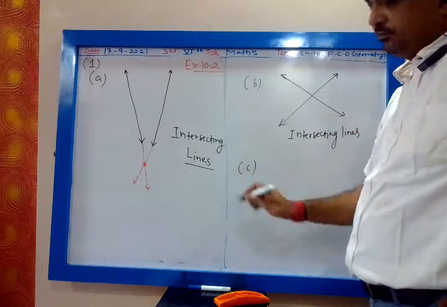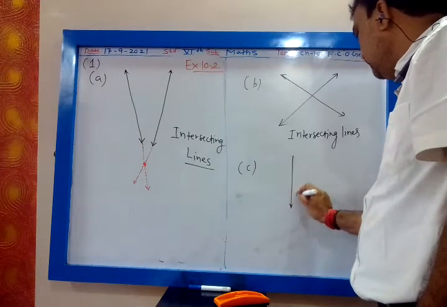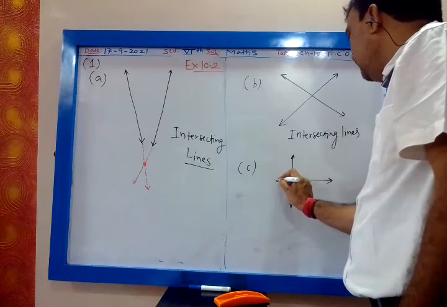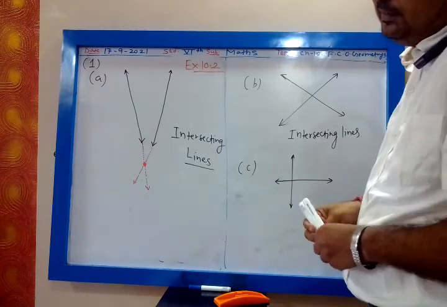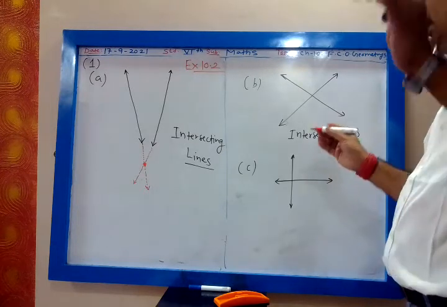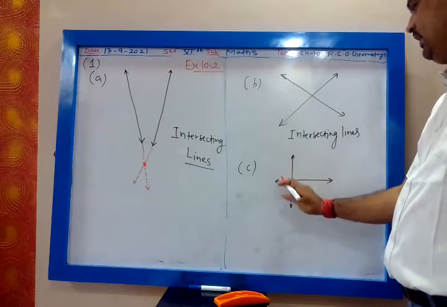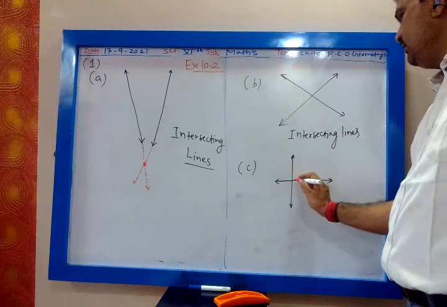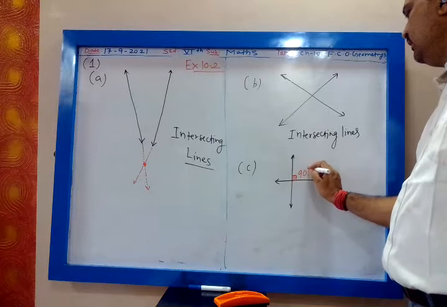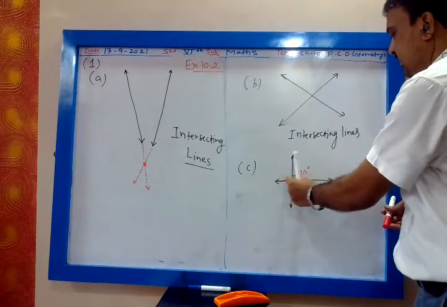Then C. What type of line? Perpendicular line. Because here, this line is vertical line and horizontal line. They make each other at 90-degree angle. But it is not dividing. This part is not same as this part.